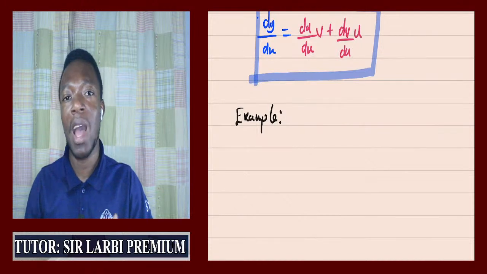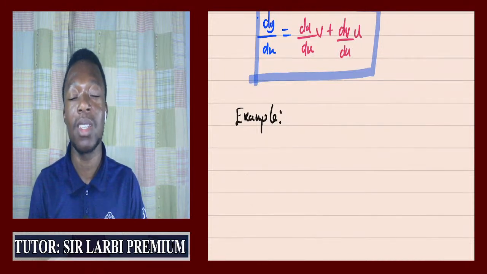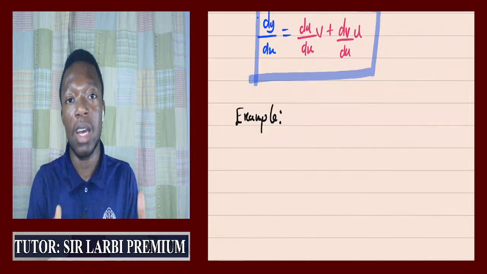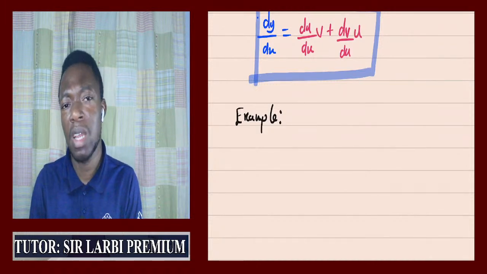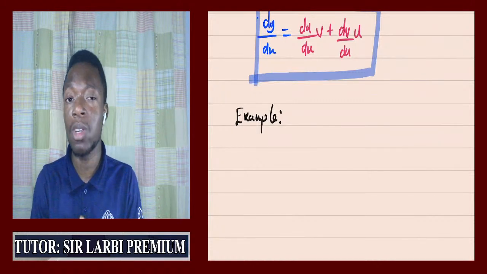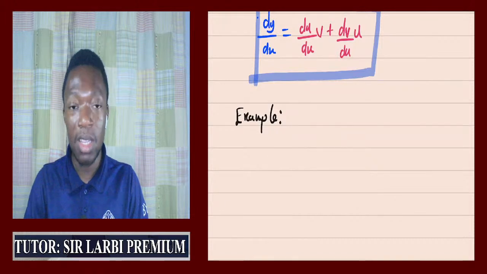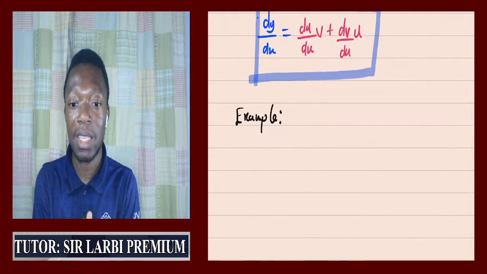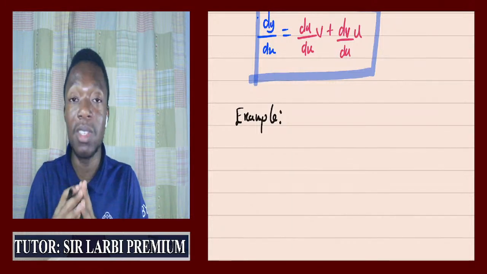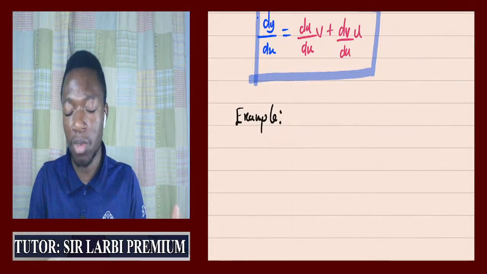So we can bring in exponential function and log function together as one. You can also bring in sums and differences. What I'm trying to say is that we can bring on board different rules that we have discussed together as one to form a product, and you will be required to differentiate them. It's simple, it's not difficult.